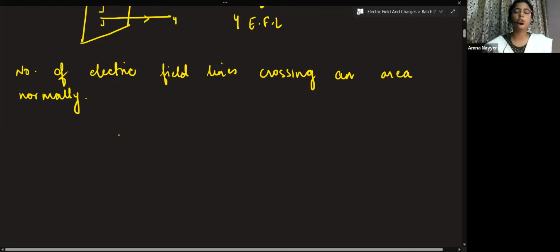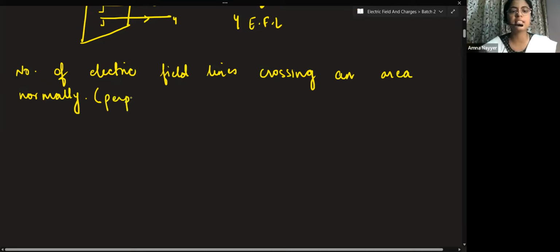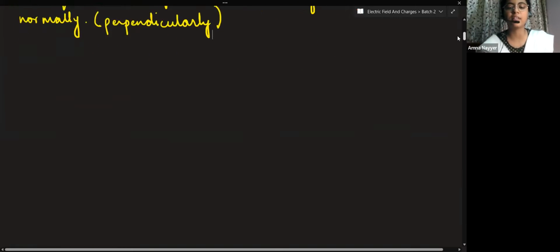What is meant by normally? 90 degrees from the surface, that is perpendicular. This is the definition of electric flux. Whatever number of electric field lines you have crossing the area, that makes your electric flux. Now see, now the mathematical part, how do you calculate it?